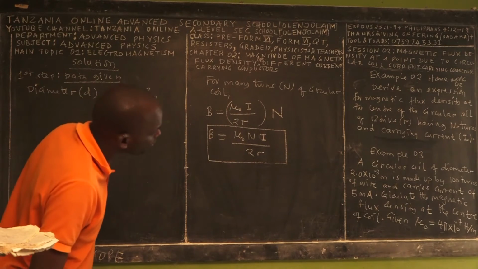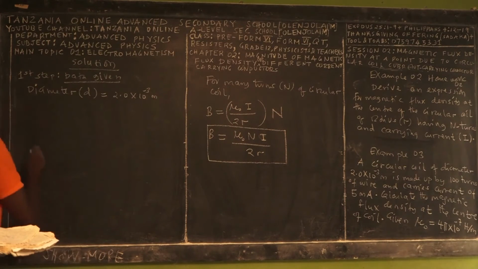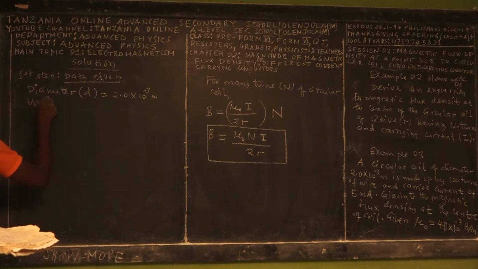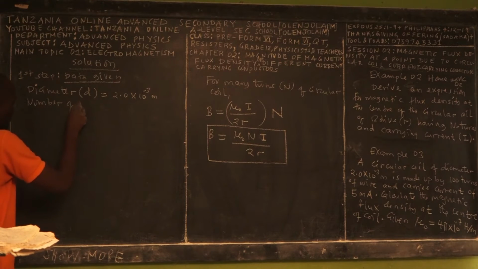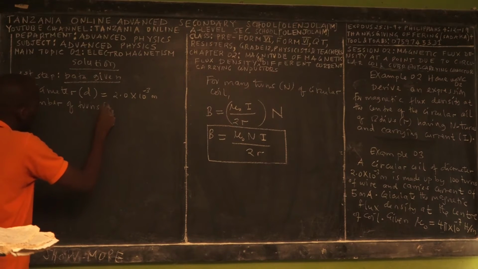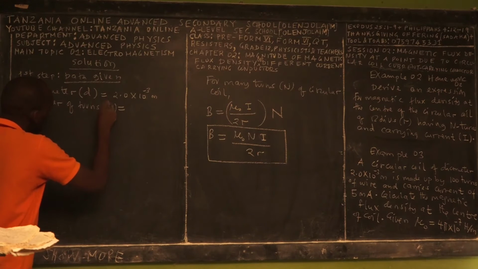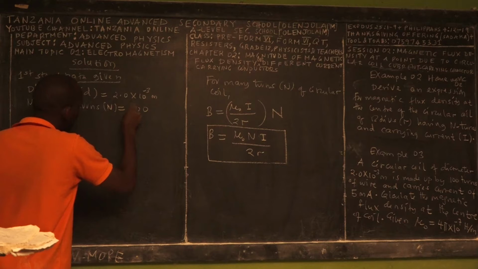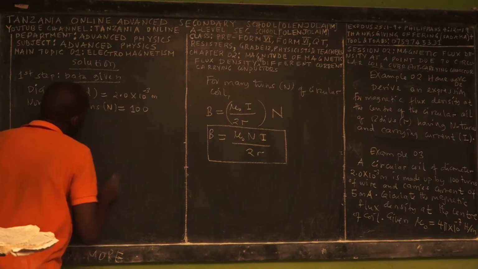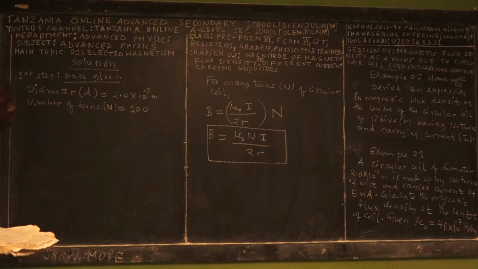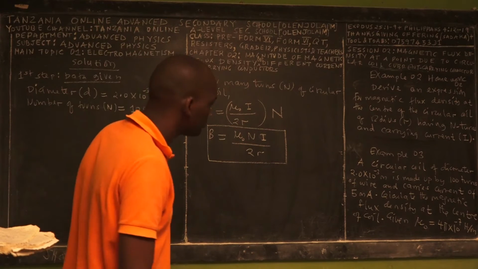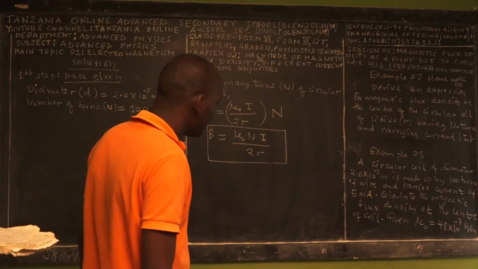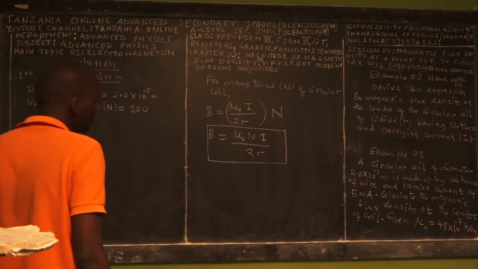Then we have another piece of information, the number of turns, which is N. The number of turns is equal to 100, of wire, and it carries a current of 5 milliampere.